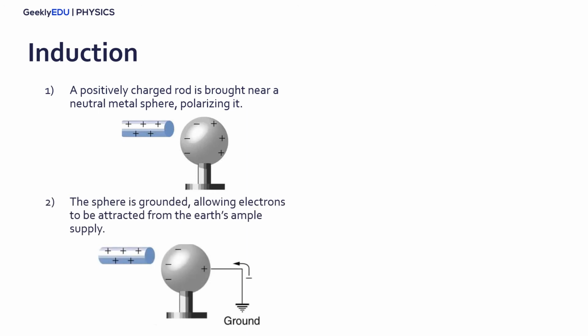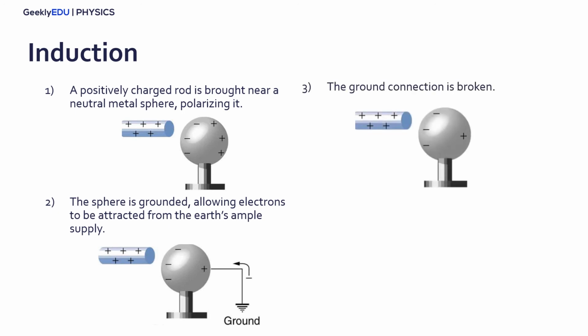The sphere then is grounded, and when we do it, we allow the electrons to be attracted from the Earth's ample supply. So the sphere attracts some of the electrons of the ground, but then we cut the connection, so we don't have this supply anymore.